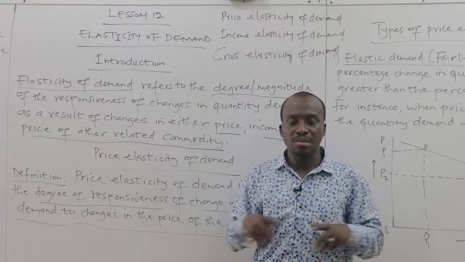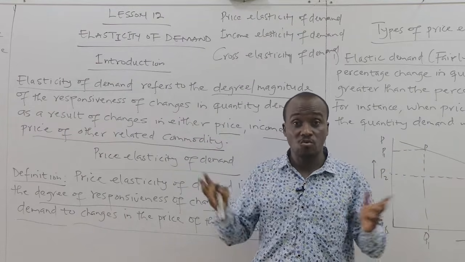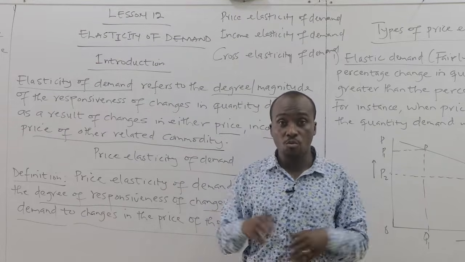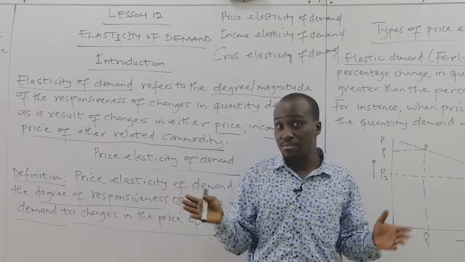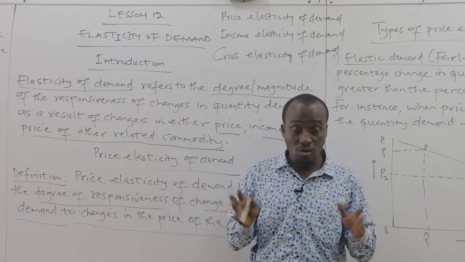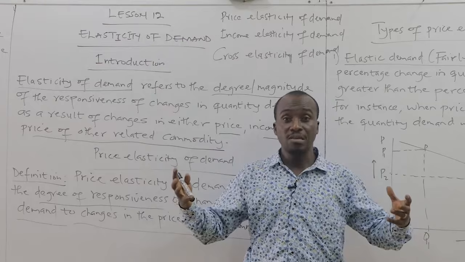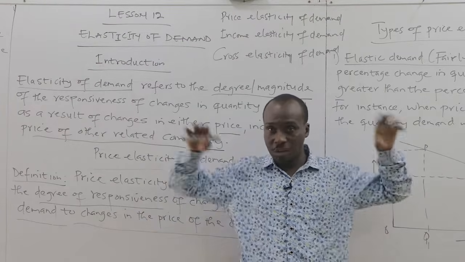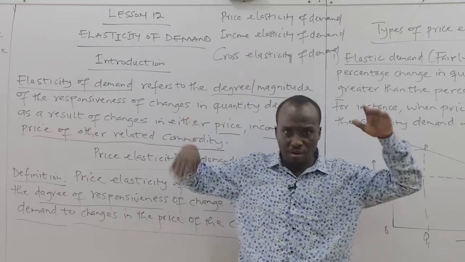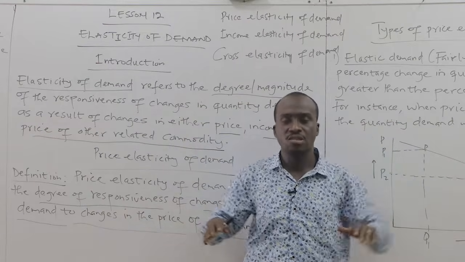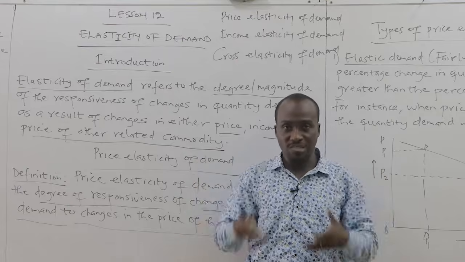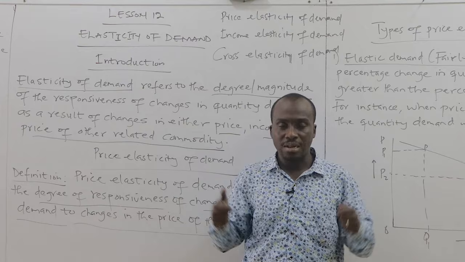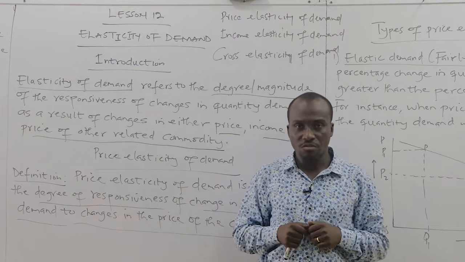When you go to the mall and the price of something you buy has gone up by 20%, are you going to decrease your demand by 10% or 5% or 2%? Nobody knows. If you take two consumers, maybe you reduce yours by 15%, somebody reduces his by 5%. That's where elasticity comes in: different degrees, different magnitudes, to which consumers change their demand whenever price increases. So let's go down and learn more about price elasticity of demand.